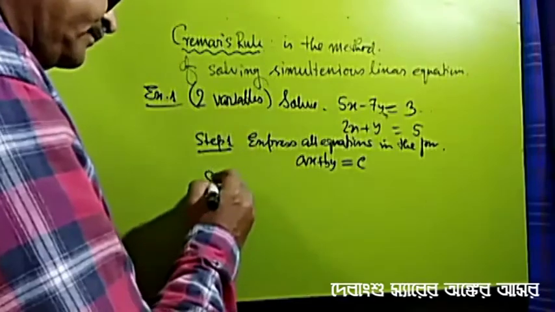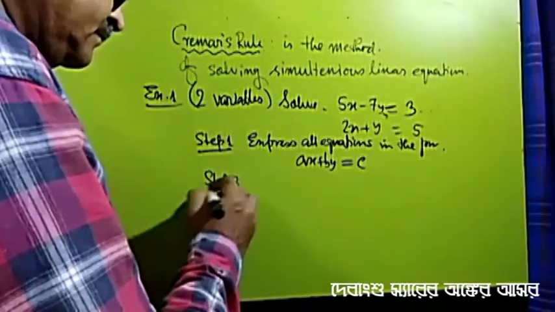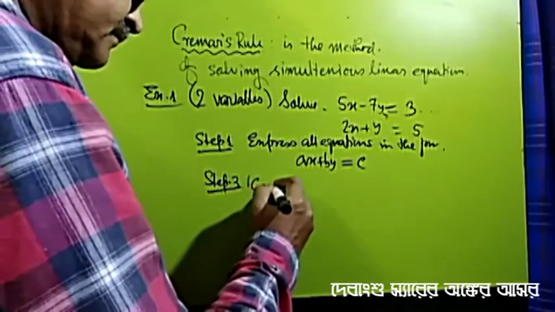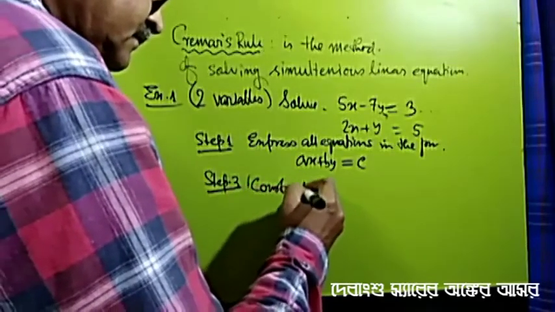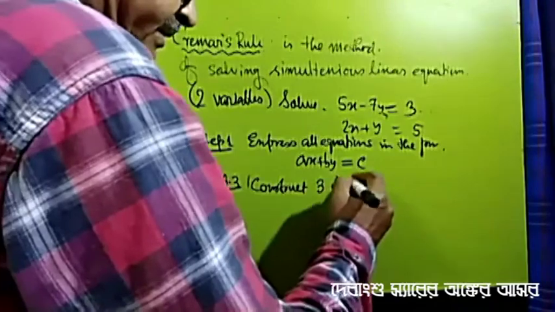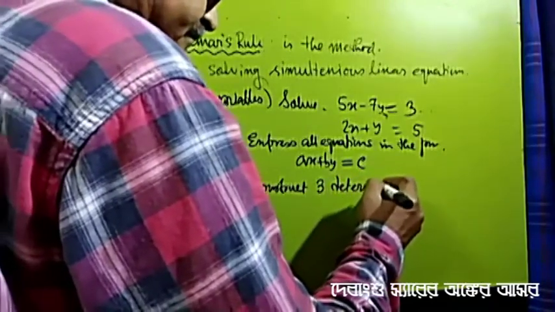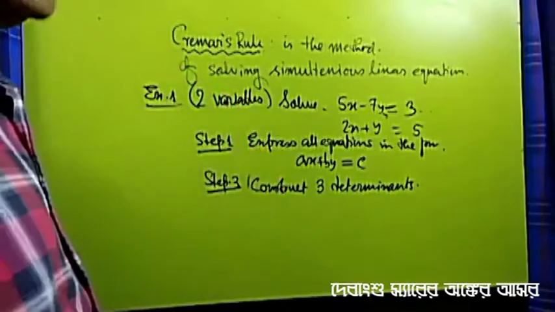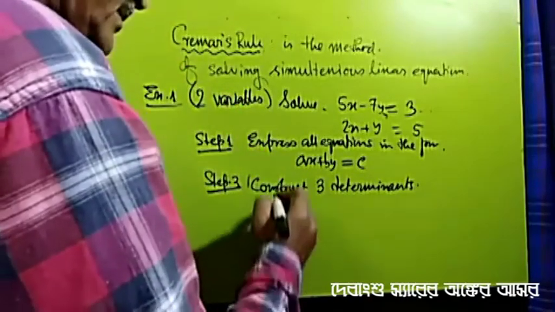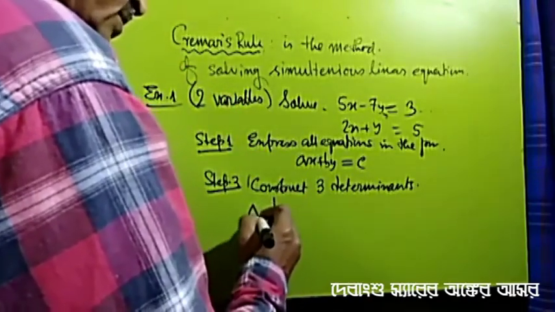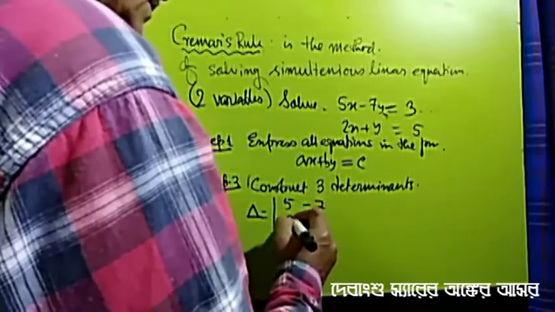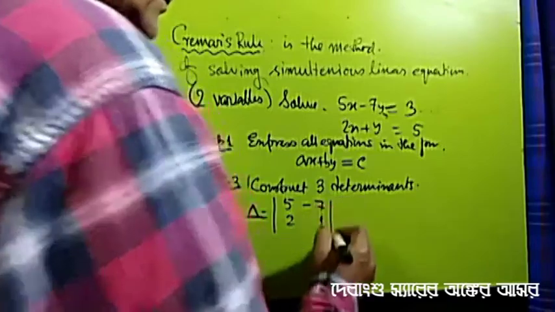Step 2. Construct three determinants. First determinant is denoted by delta: 5, minus 7, 2, 1.